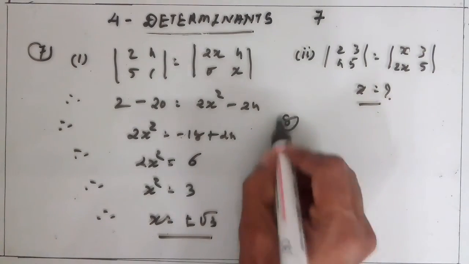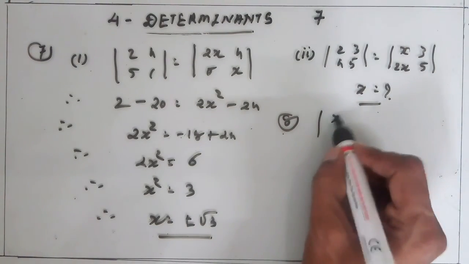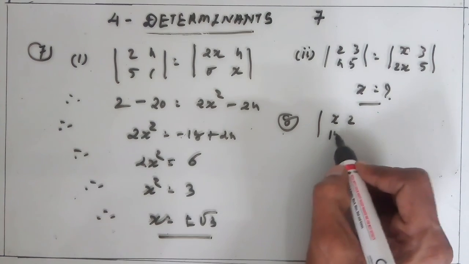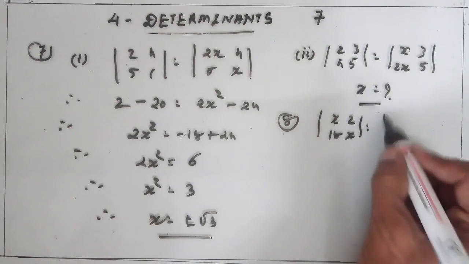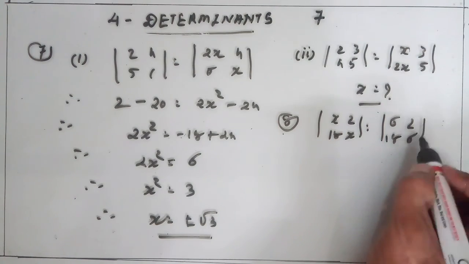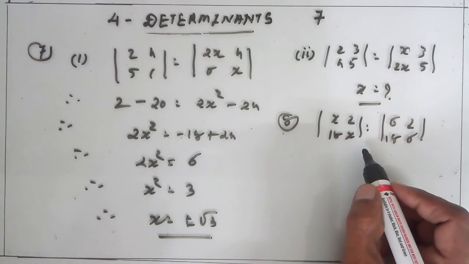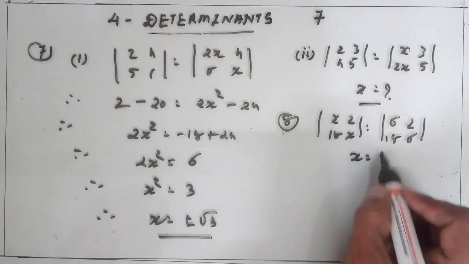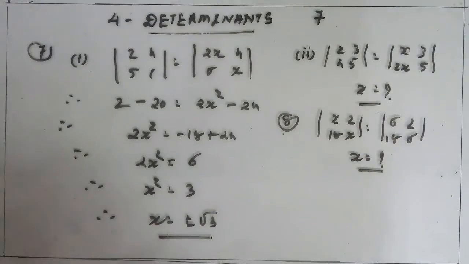Question number 8, same question: if determinant x, 2, 18, x is equal to determinant 6, 2, 18, 6, then x is equal to blank. Solve this yourself. In the next lecture we will discuss the properties of determinants.